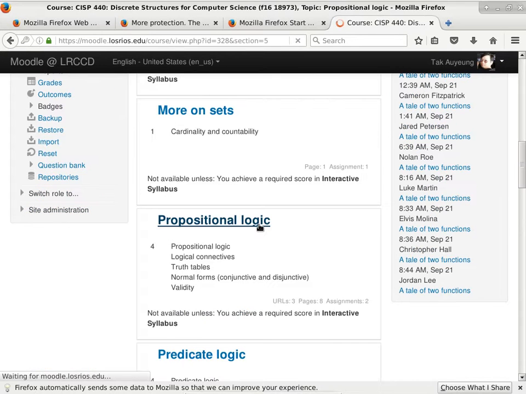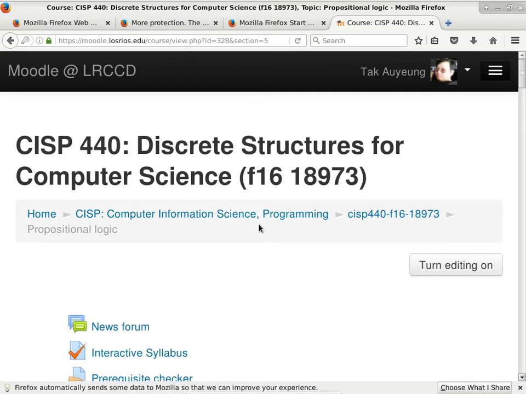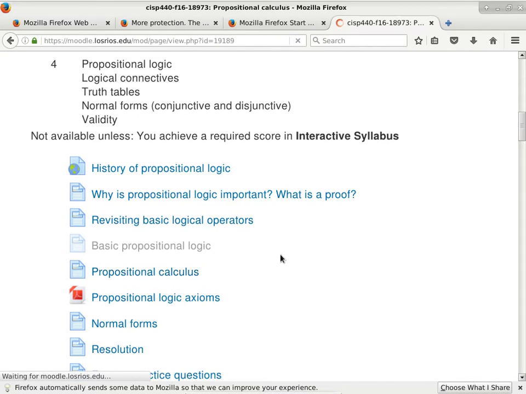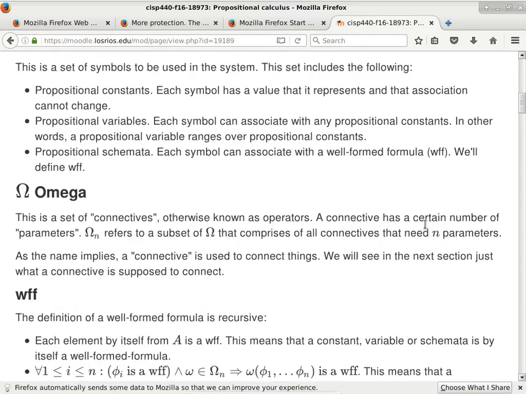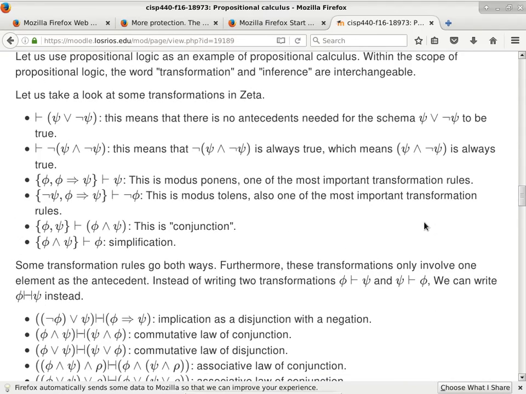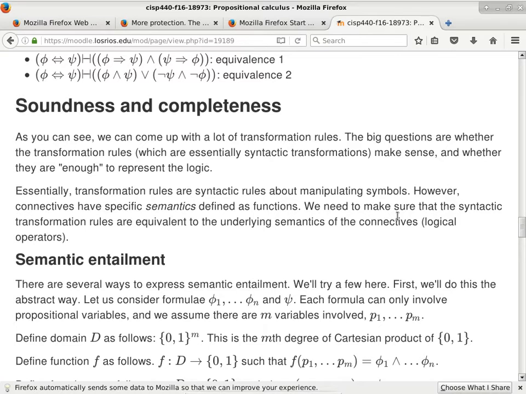And we were talking about propositional logic. Let me zoom in. Here we go. And we were reading this particular slide here. And we talked about most of the mechanisms here. And now we are ready to talk about what is soundness and what is completeness in the context of propositional logic.